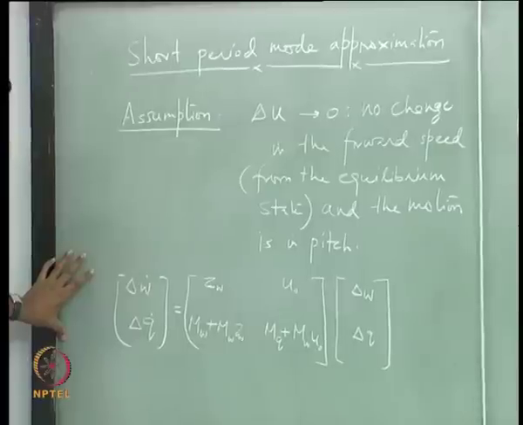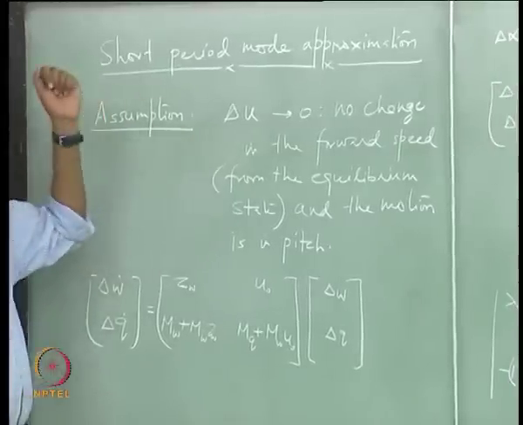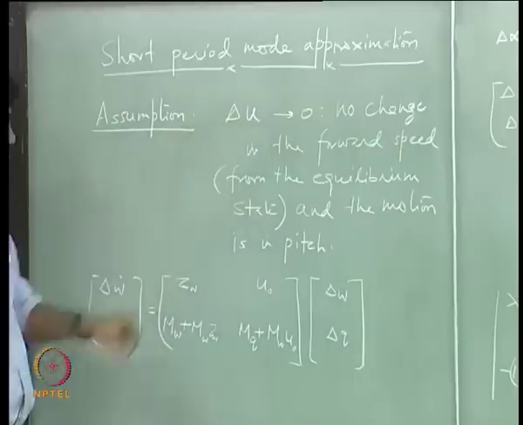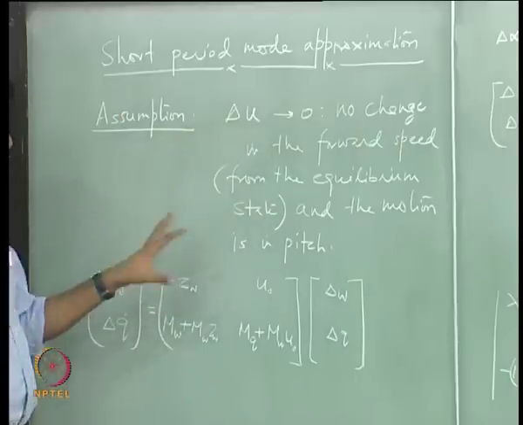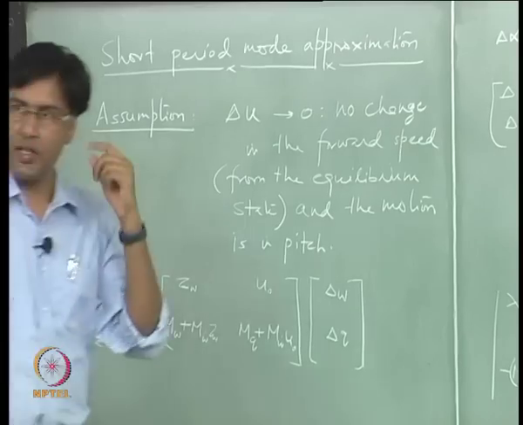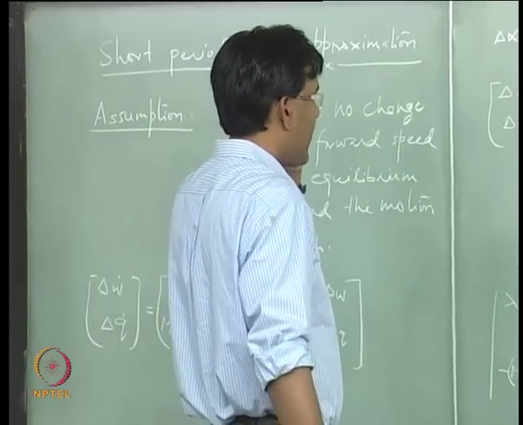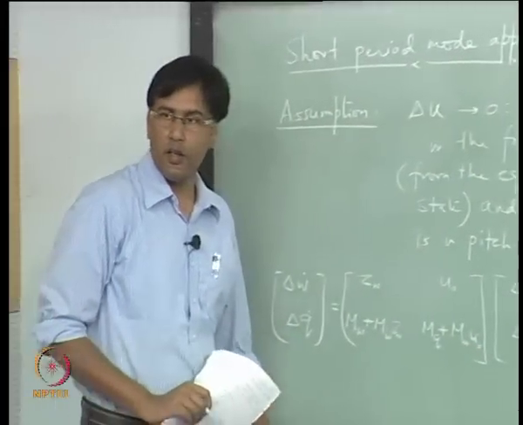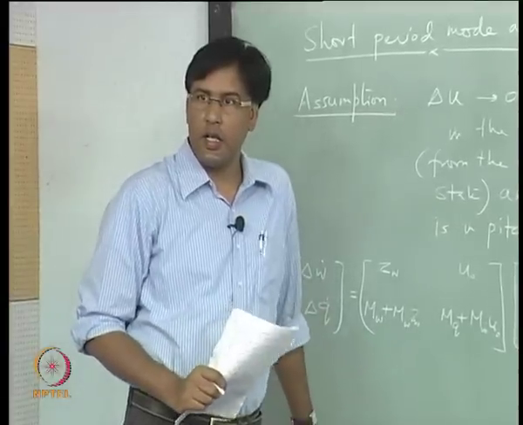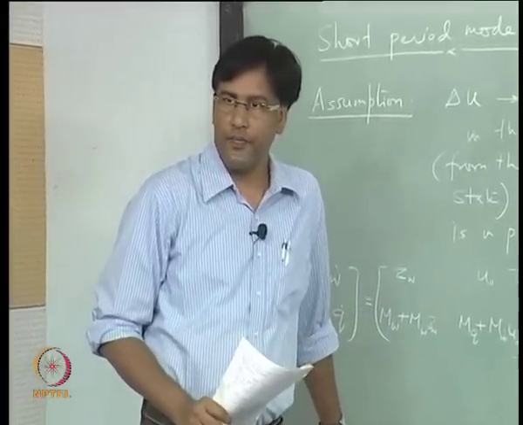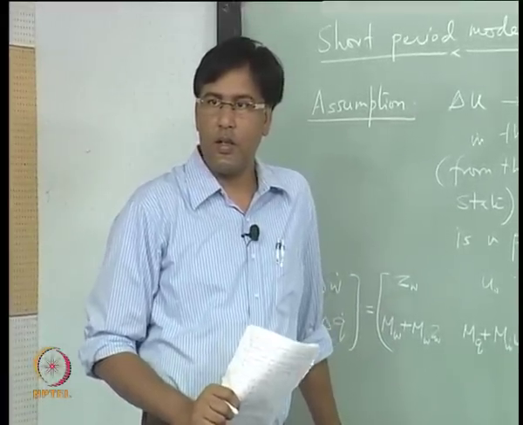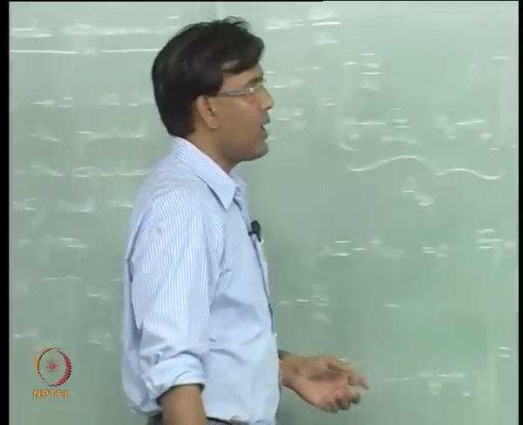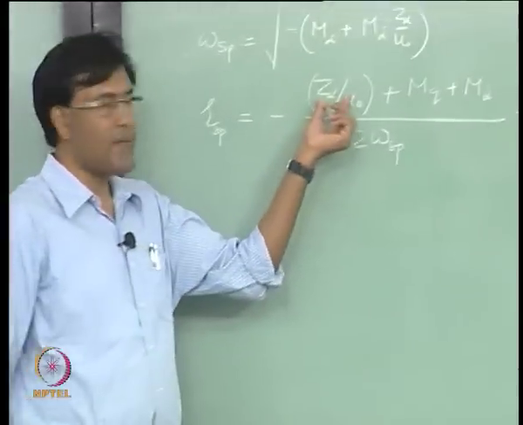And here we are making the approximation that the change in forward speed is negligible and the motion is in pitch, right. Is there any difference that you find between the two expressions? The only difference is the appearance of this term.